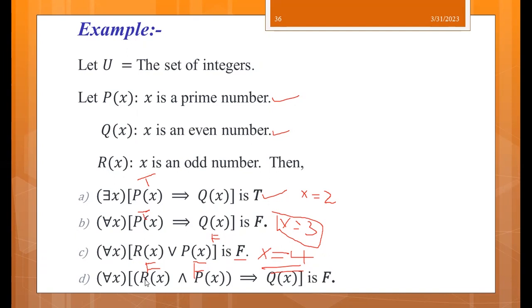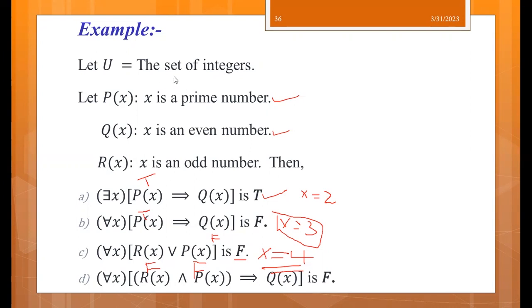The conjunction is true only when both r of x and p of x are true. So we need to find an integer which is an odd number first. What about p of x? Which is a prime number, odd plus prime.